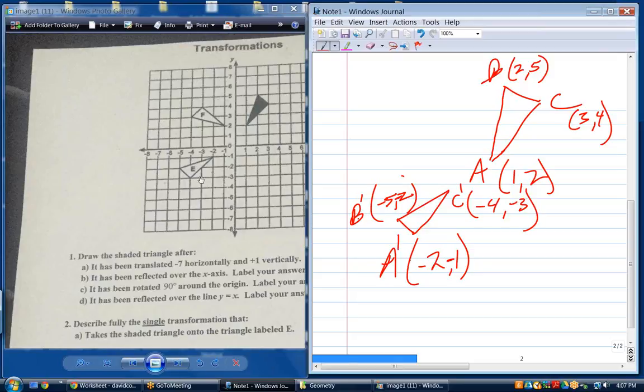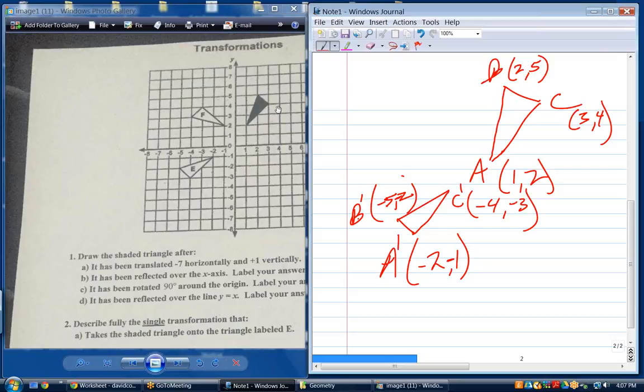And when you reflect over positive x, you merely switch the numbers. In other words, if I wanted the coordinates in the previous problem, when we reflected over the line y equal x, because that's the inverse, you merely switch the x and y coordinates.